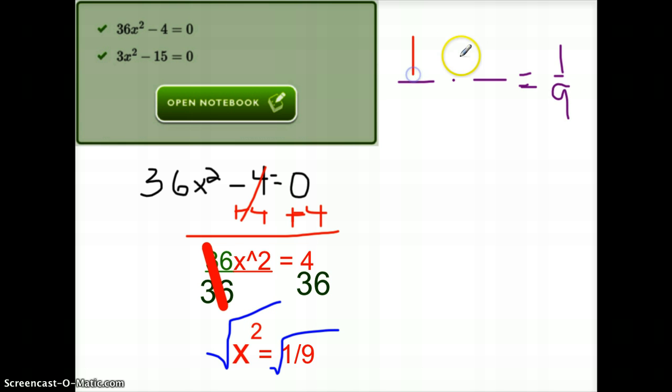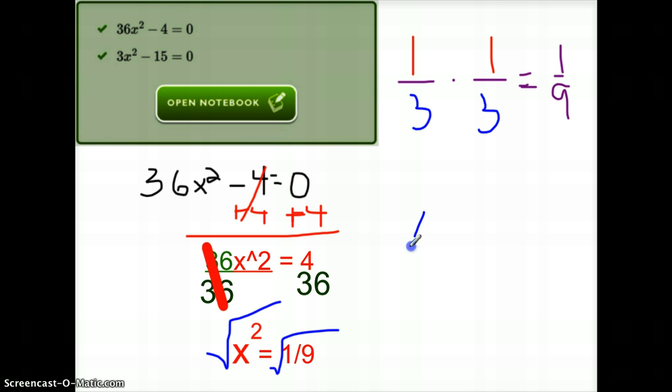So 1 times 1 equals 1. Good. And the bottom number should be the same. 3 times 3 equals 9. So these are my answers because they're exactly the same thing.